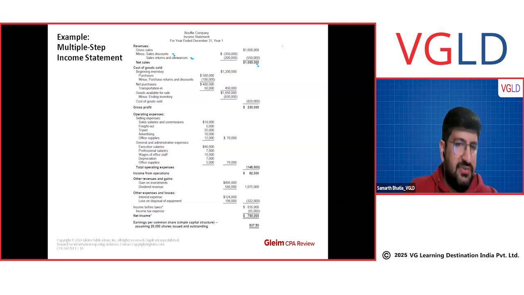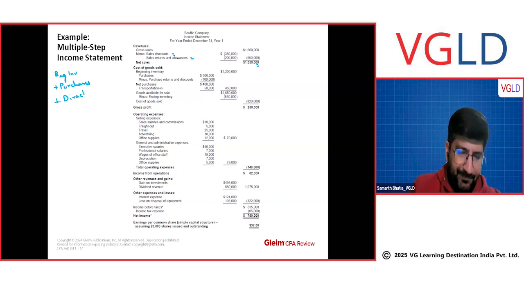Then we have the cost of goods sold, where the calculation is done. The formula is beginning inventory plus purchases plus direct expenses minus ending inventory will give me the cost of goods sold.